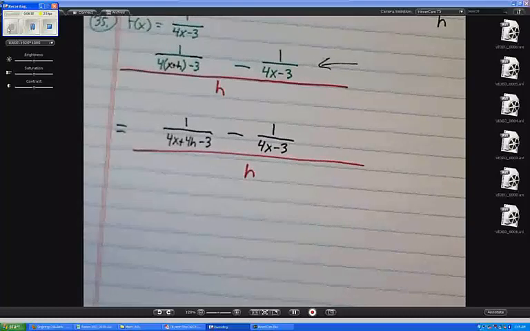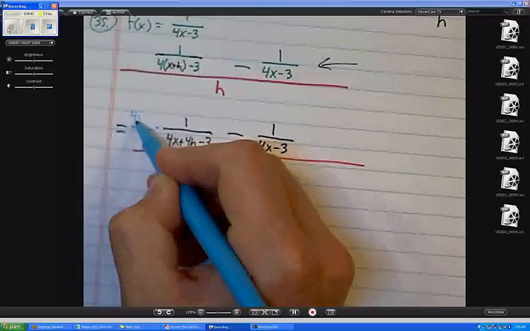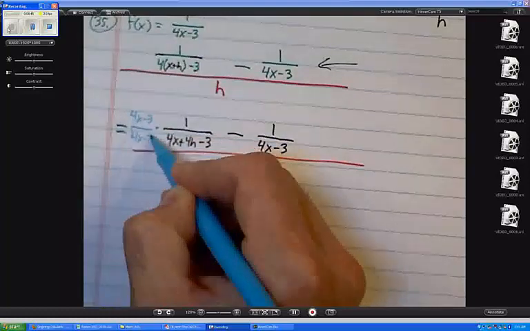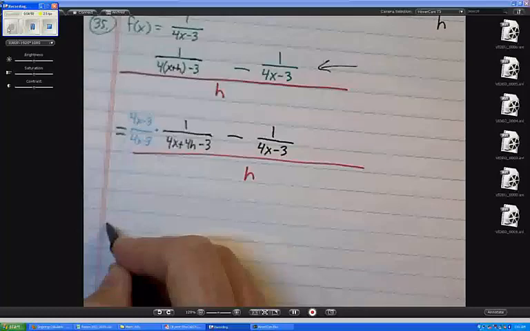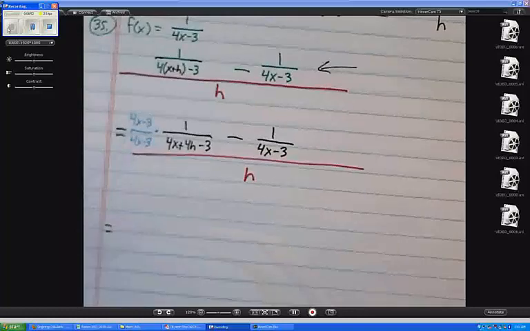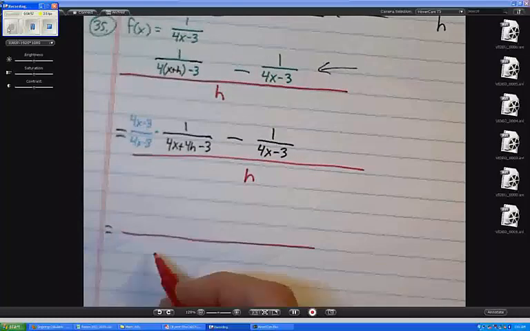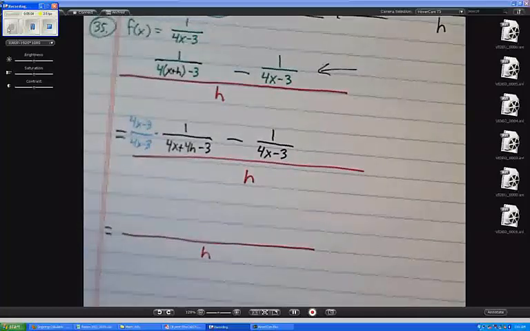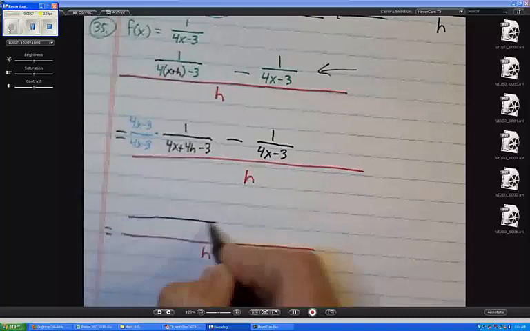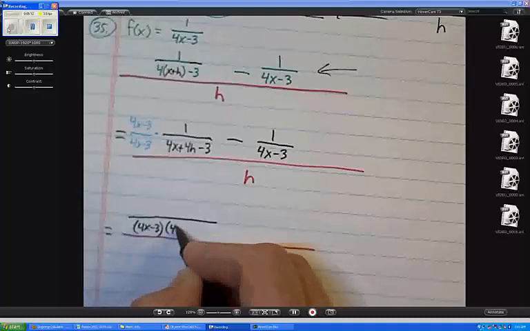We need to get a common denominator, but I can do that. And the way I'll do it is I'm going to multiply this first fraction by 4x minus 3 over 4x minus 3. Let me write down what the next step starts to look like. The denominator, I have an h. And then in the numerator, I'm going to have a common denominator of 4x minus 3 times 4x plus 4h minus 3.